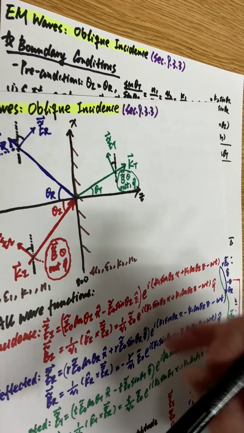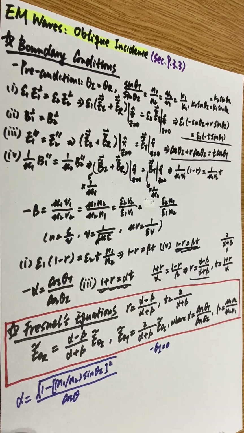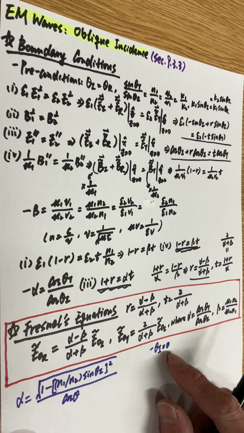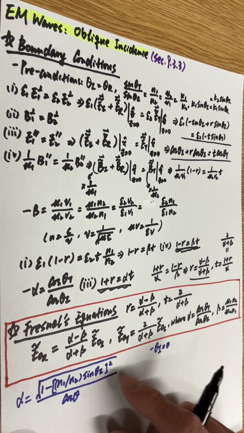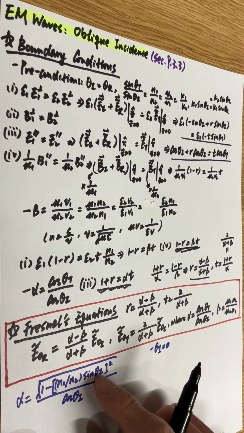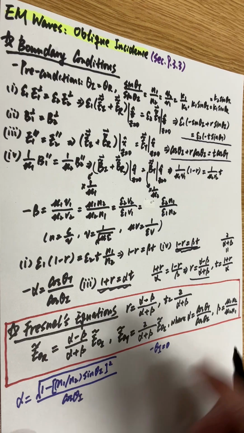When theta I equals 0, we have normal incidence. Then here we have 0, here we have 1, here we have 1.